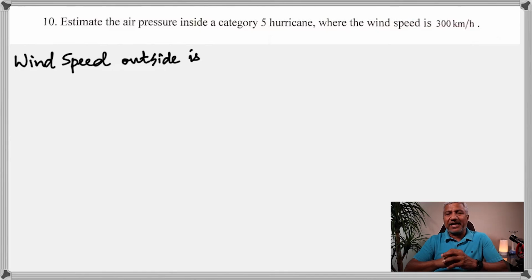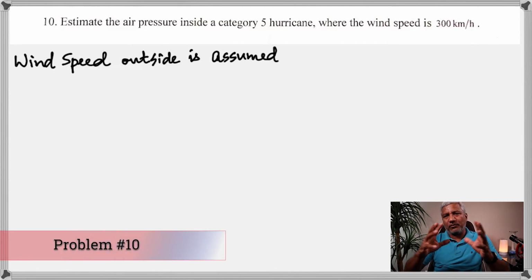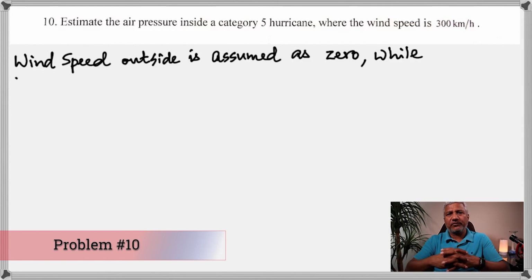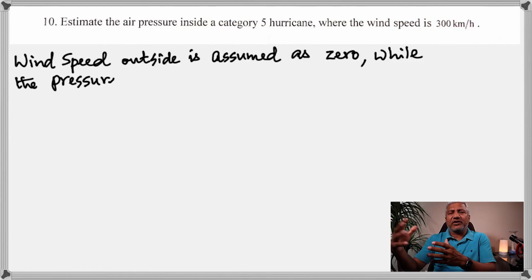So the wind speed outside, just like in the case of the roof, where we assume the airspeed at the bottom to be 0, we have to assume that the wind speed outside is 0. It's not exactly correct, but compared to 300 km per hour on the inside, the speed on the outside is negligible, so we can take it as 0.